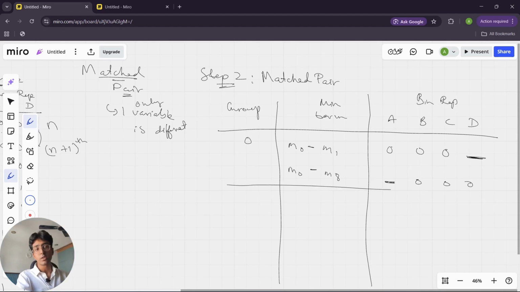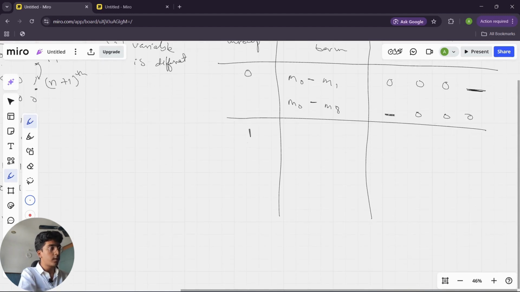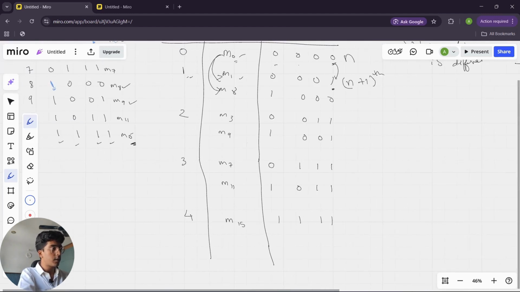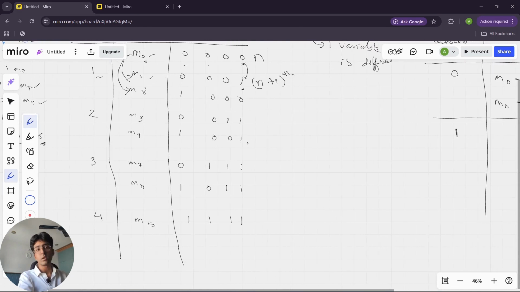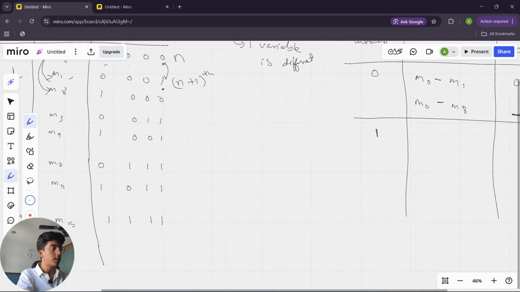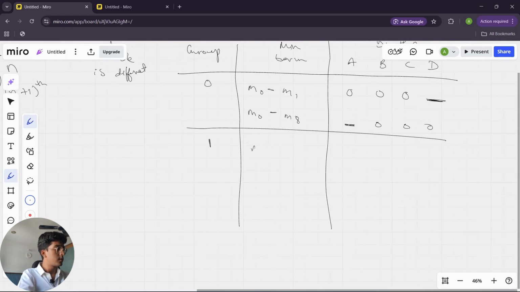We'll move on to the next group, which is group 1. We'll compare M1 with M3 first. This is the same, this is the same, the third term is changing, and the fourth variable is also the same. So M1 and M3, how will we represent it? 0 0, over here we'll have a dash, and the last variable is the same, so we'll write it as is.